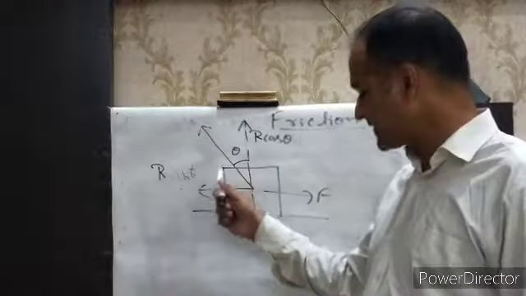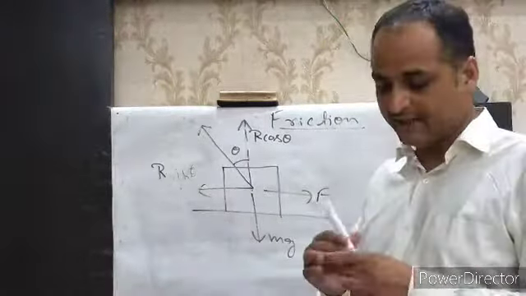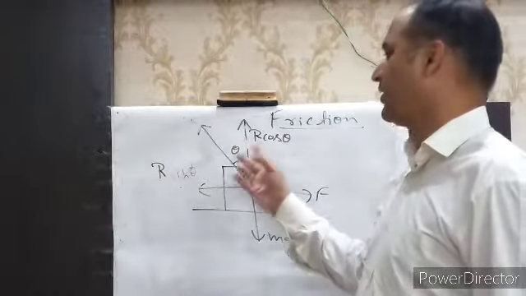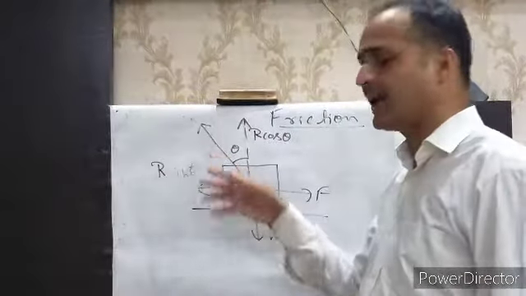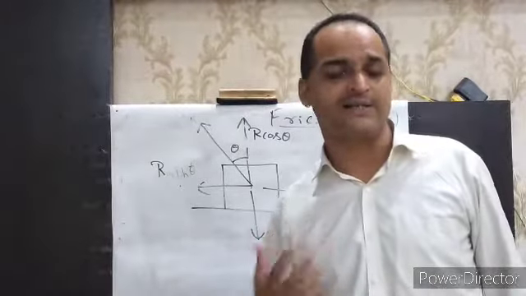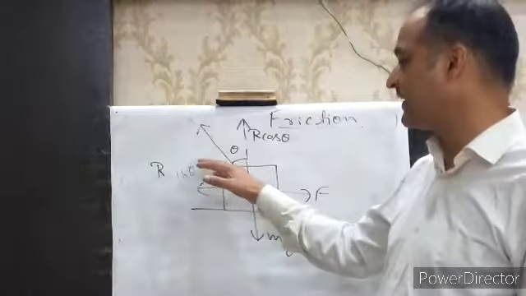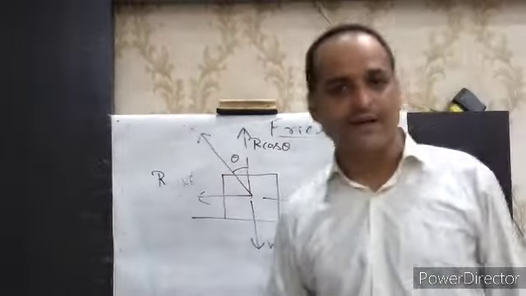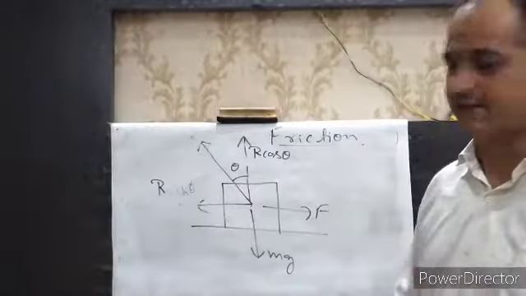Then we can say that this normal reaction or this friction force r sin theta is a self-adjusting force. It is adjusting according to the external force. That's why we are calling it self-adjusting force.